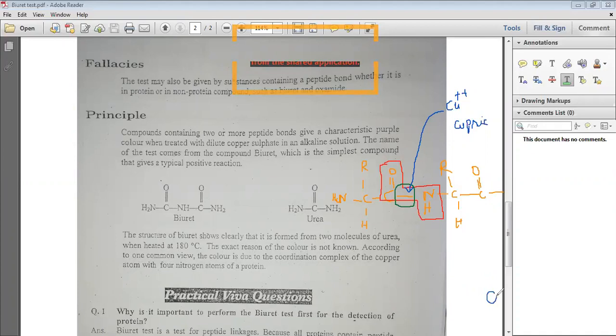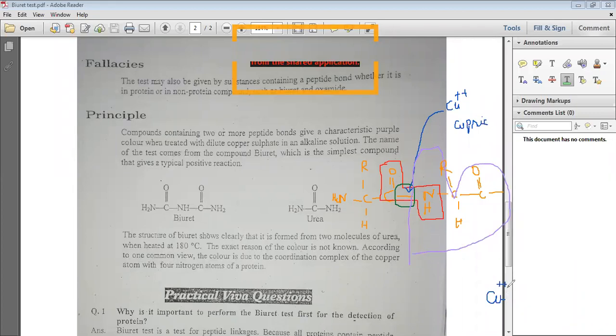And how is that complex compound formed? When the cupric ion reacts with this peptide bond, the bond will be broken down. This nitrogen will be separated from here, and this bond will be broken down. It is broken from here, and this portion is separated.